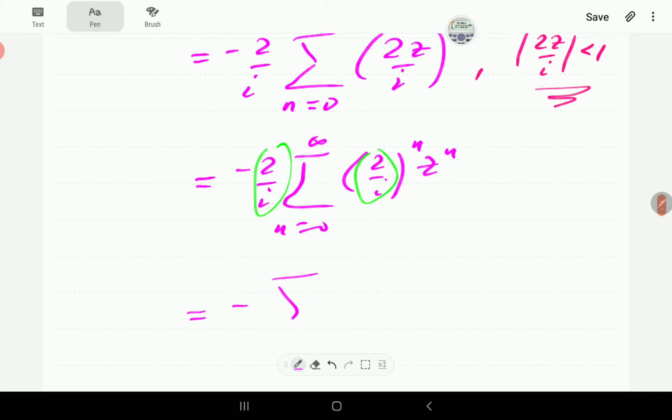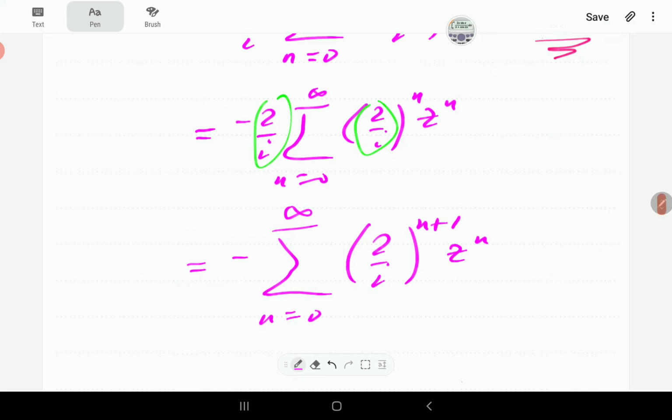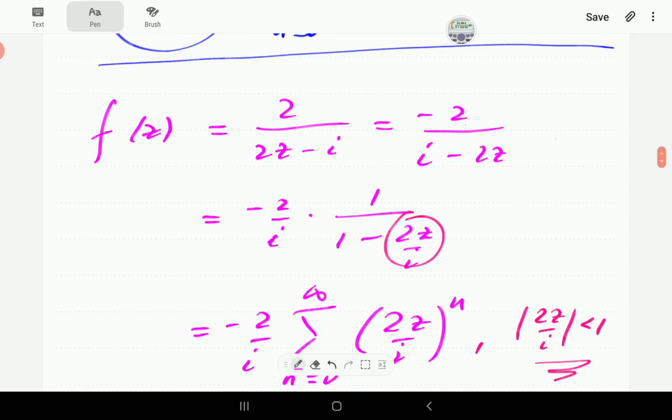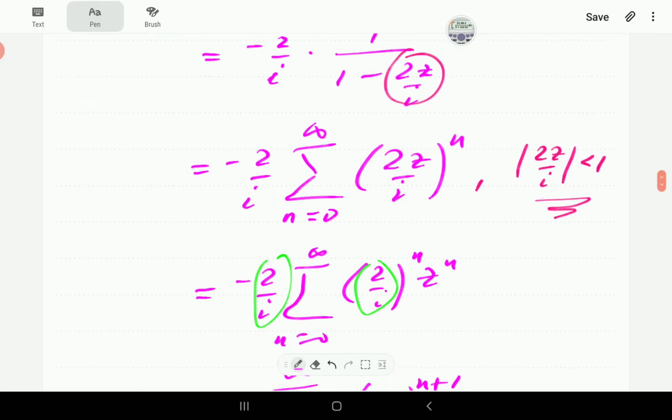So we're going to have negative 2 over i to the power n plus 1 z to the power n. And so that is going to be our Taylor series of f centered at the origin. In fact, it's just the Maclaurin series.